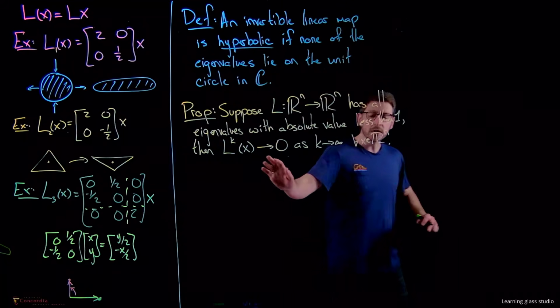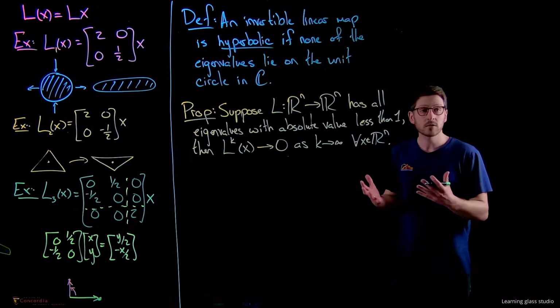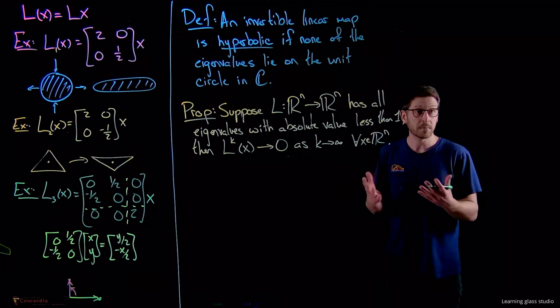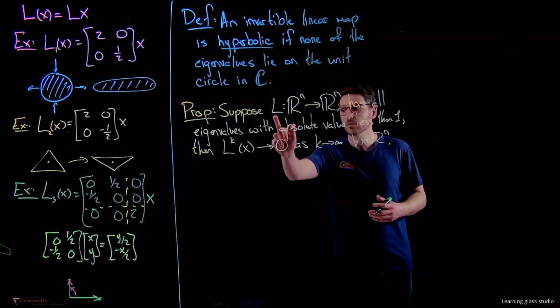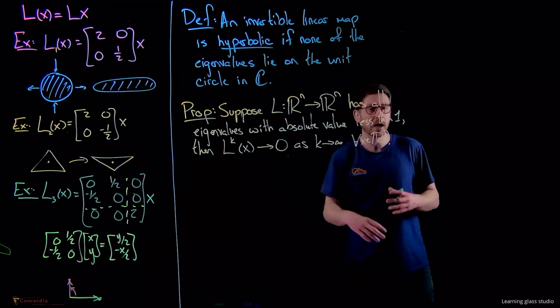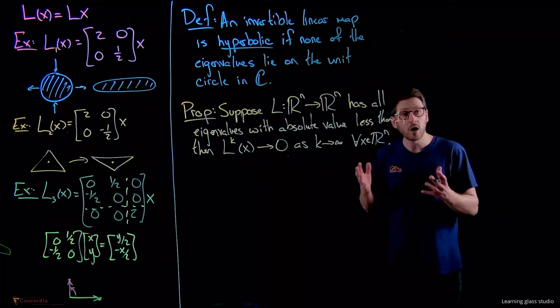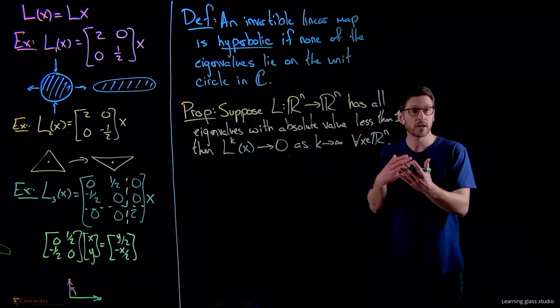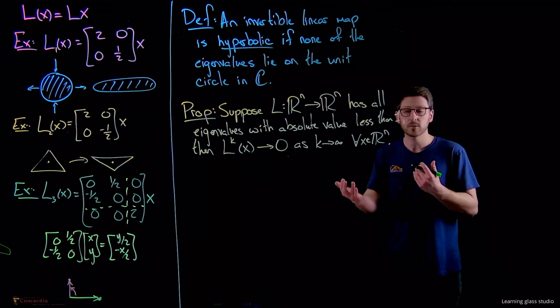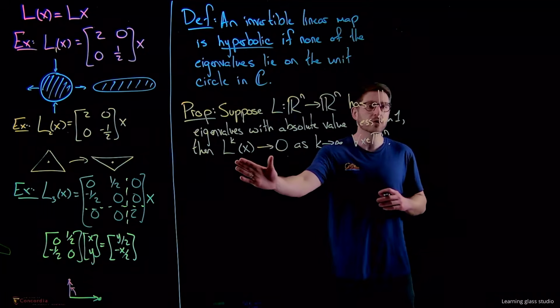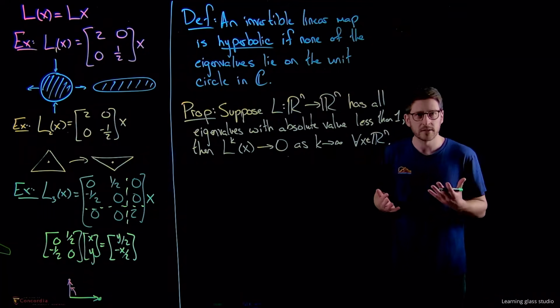Now, you can prove this by using an eigenvalue or an eigenvector expansion for your matrix L that defines your linear map. However, unfortunately, not every matrix has algebraic multiplicity equal to geometric multiplicity. So the most general version of this proof is going to require generalized eigenvectors.